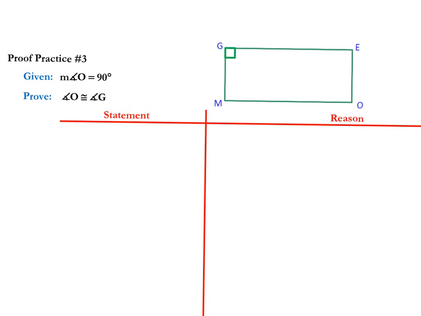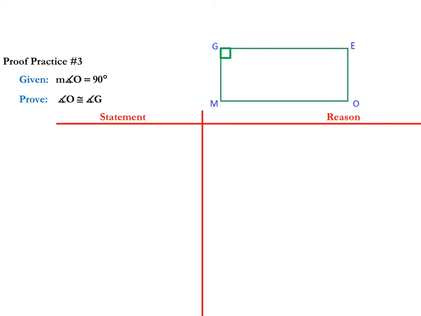So we are given, I don't feel like that's right. There we go. We are given that the measure of angle O equals 90 degrees.